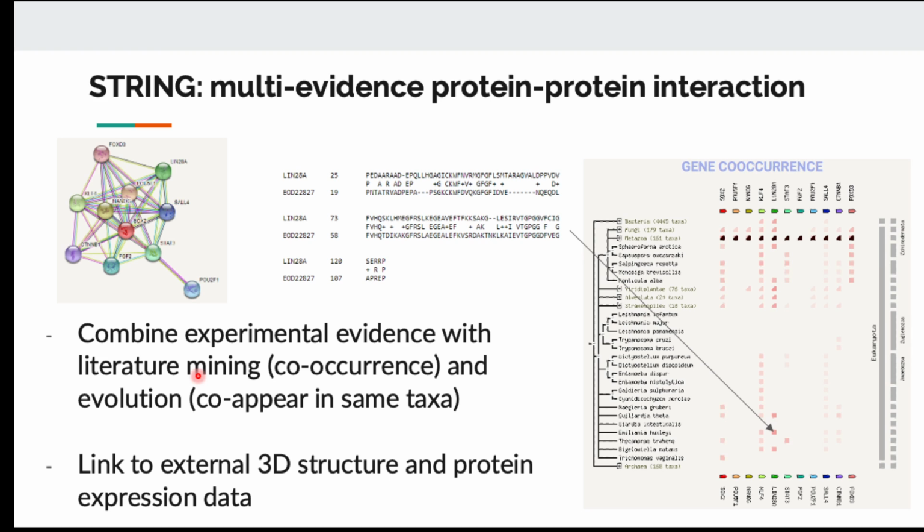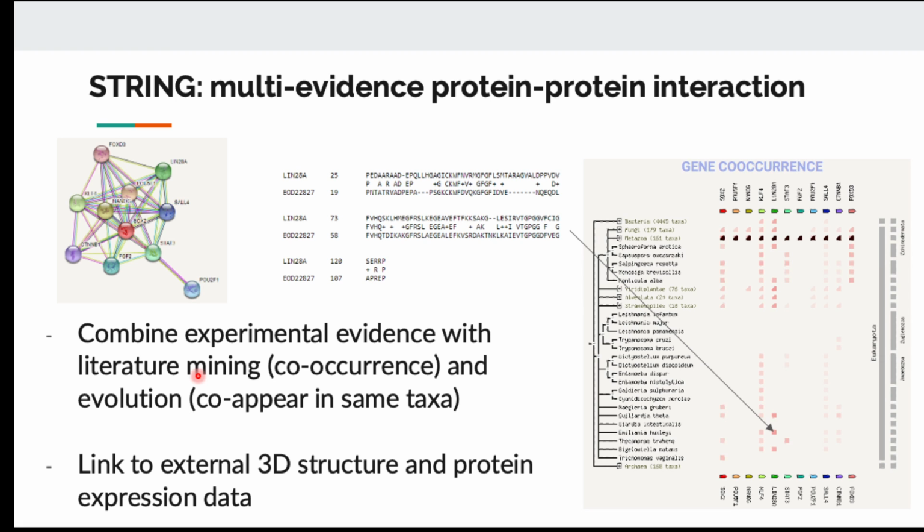What would be the possibility? If a paper mentions two proteins, it might be because these two proteins are affected in the same disease that the paper is about. Or these two proteins might be affected by the same treatment that the paper is talking about. Or these two proteins might appear in the same function that the paper is talking about.